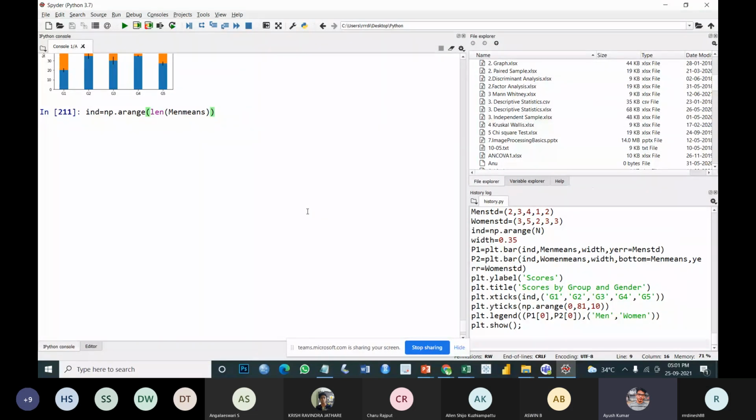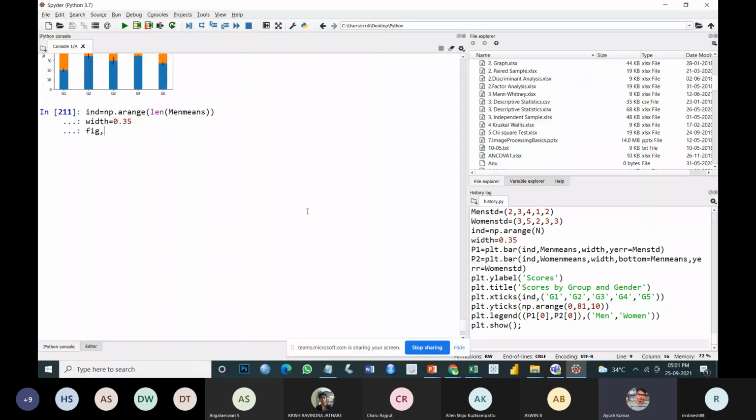Okay. Now we'll draw the clustered bar graph. One adjacent to another we can draw. So width equal to 0.35.